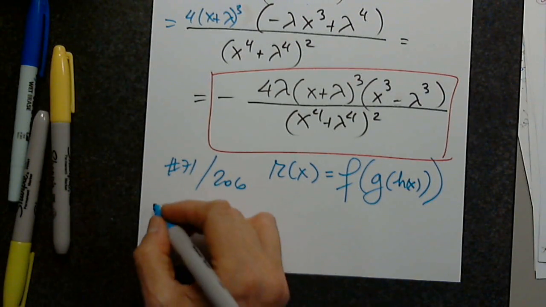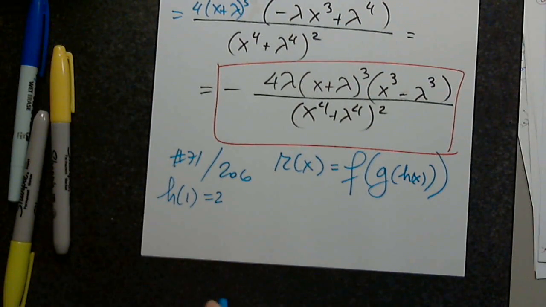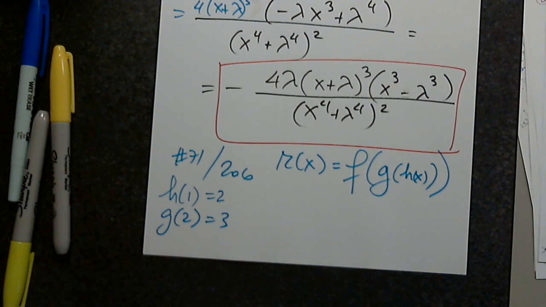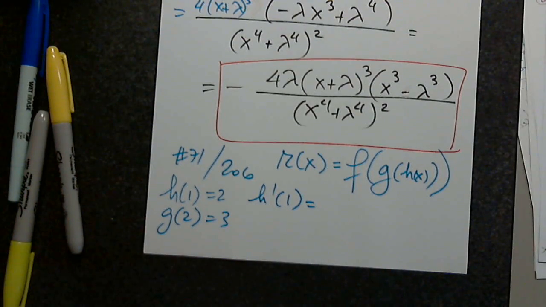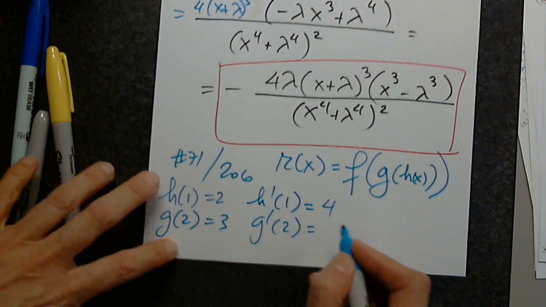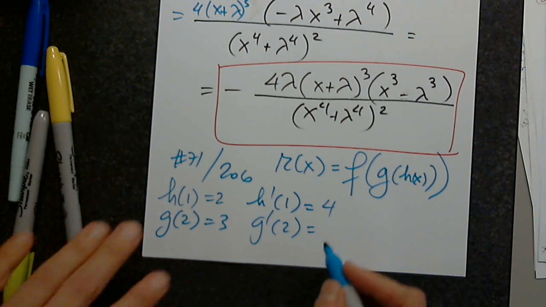We are given h of 1 is 2. We are given g of 2 is 3. We are given h prime of 1, and that is 4. We are given g prime of 2, which is 5.